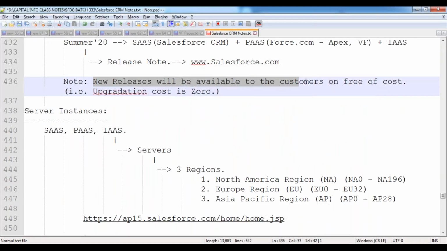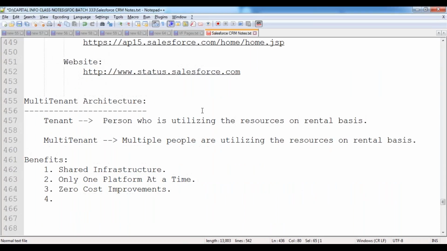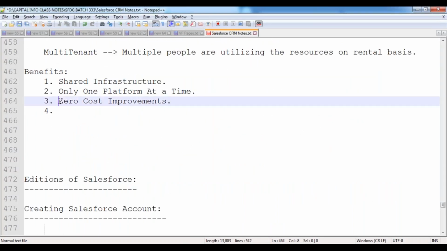New releases will be available to the customers free of cost. We need not pay any additional amount to get the latest release features. Those will be available to you free of cost. This is one of the major benefits in Salesforce, so we can enjoy the benefits of the latest features without paying any additional amount to Salesforce.